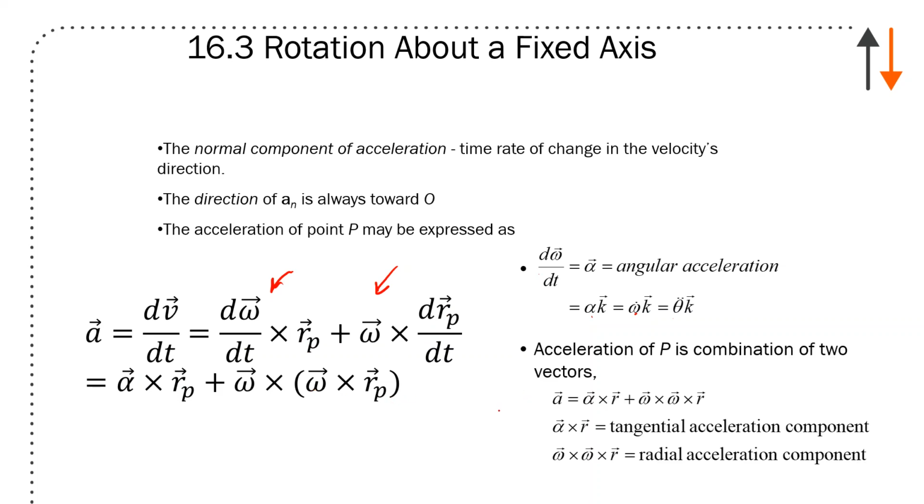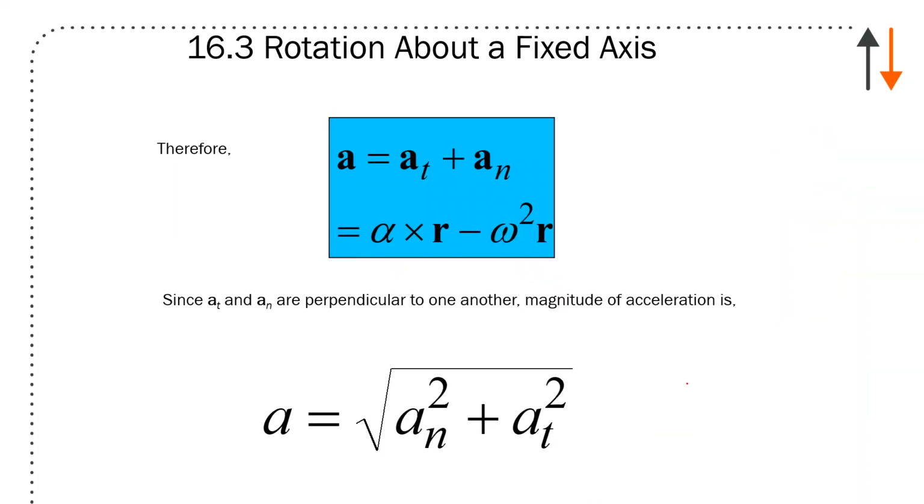If I have it within the plane, with r, O, omega and alpha, I can write that as alpha cross r plus omega cross omega cross r. That's my tangential acceleration, a_t, and that's my normal acceleration, a_n.